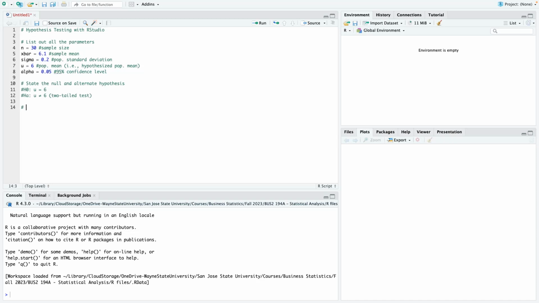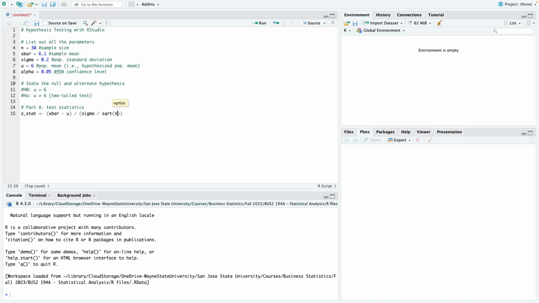So now we want to solve part A, which is to perform the hypothesis testing, right? So we will just look at the test statistic. Because we know that the population standard deviation is known, we use the Z statistic, and this is the equation for it: X bar minus mu divided by sigma over square root of n.